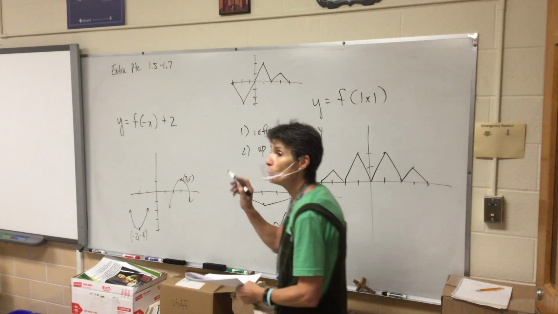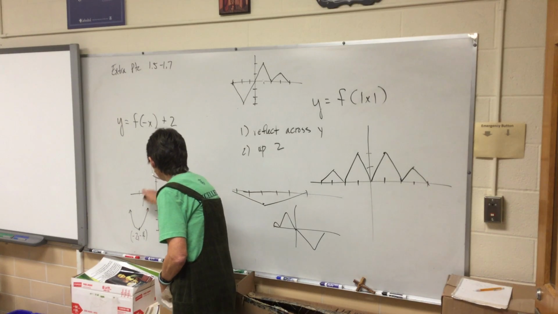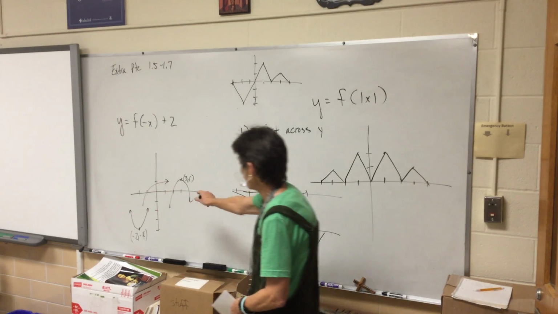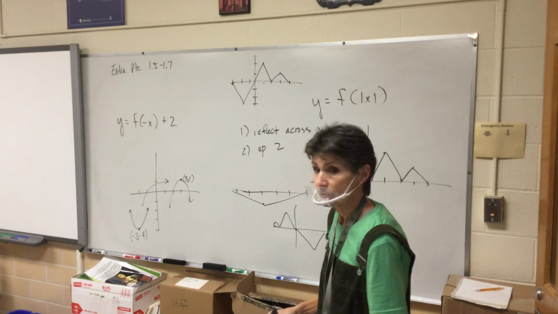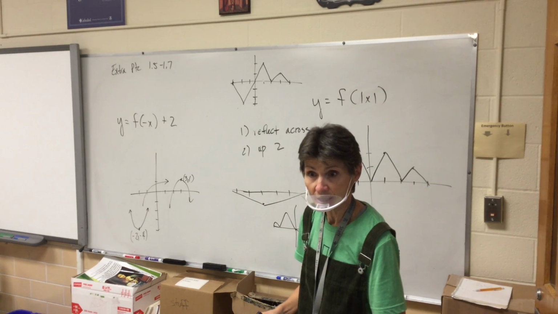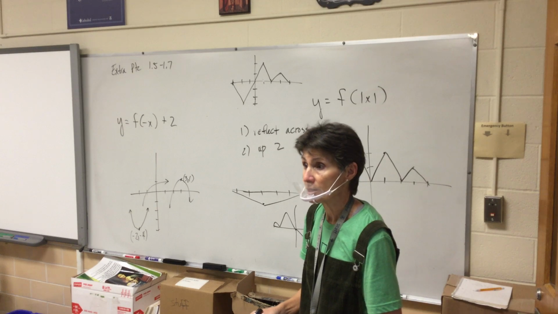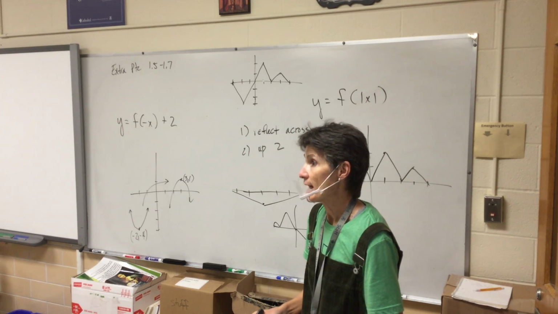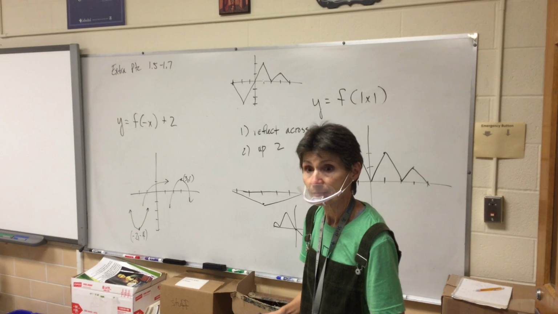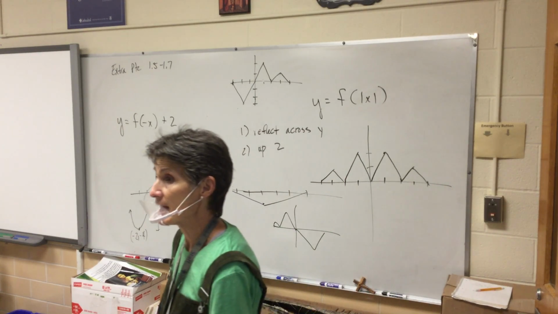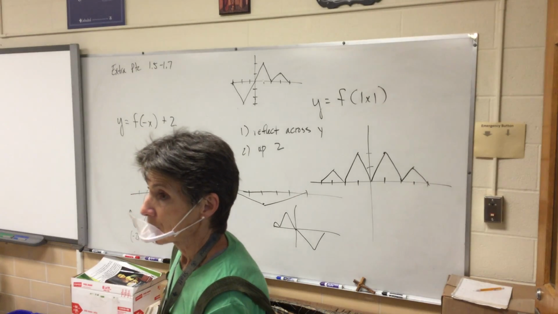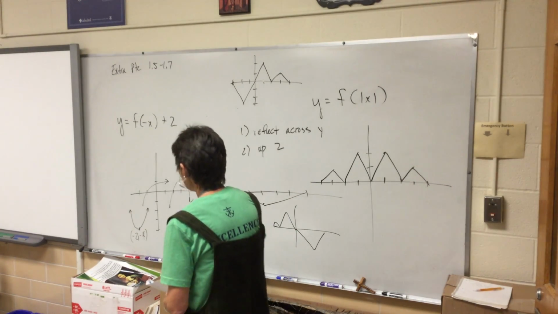So now, in words, tell me what happened to get from that one to this one. Well, first you had to have a reflection across the x-axis, upside down. So you had to turn it upside down. All right, and then what else happened?